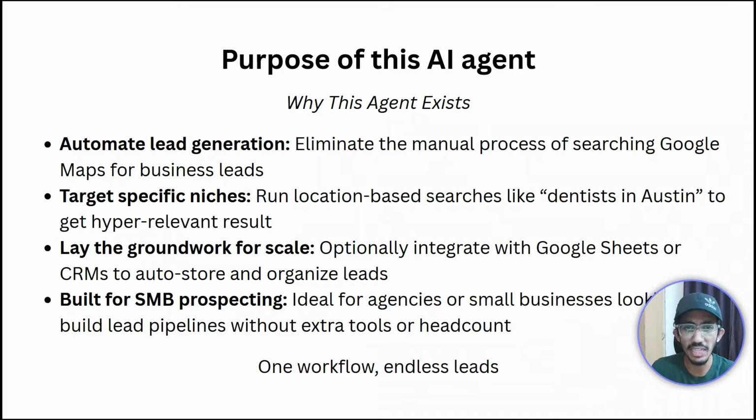We're building that foundation here. And finally, this is built for SMB prospecting. This is ideal for agencies looking for clients or any small to medium-sized businesses that want to build a robust lead pipeline without investing in a ton of extra tools or hiring more people. One workflow, endless leads. That is the vision.